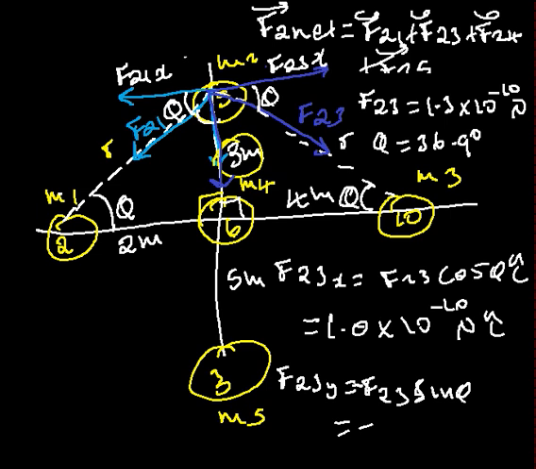That is 1.3 times 10 to the power negative 10 times the sine of 36.9, and that is the same as negative 7.8 times 10 to the power negative 11 newtons.